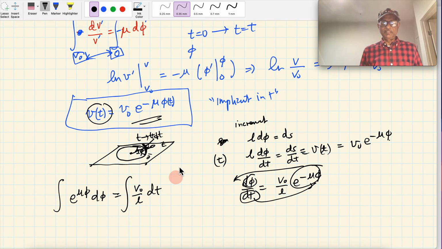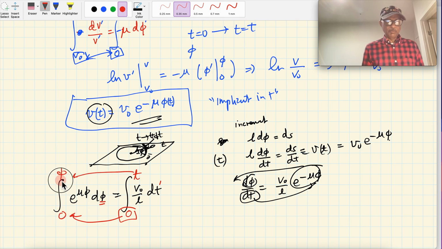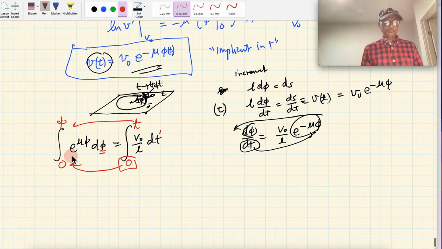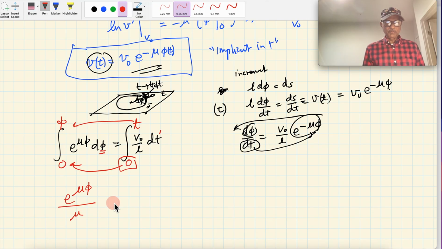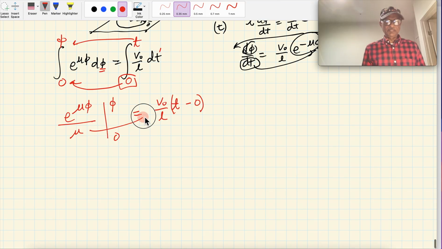And we need to think about integration limits now. t will go from 0 to some t. This is a dummy variable, and that's the regular fixed value t. When it is 0, this variable is 0. When this is t, this variable is phi. So this becomes e to the power mu phi over mu, from 0 to phi, equals v0 over L times t minus 0. We can move mu to the other side.